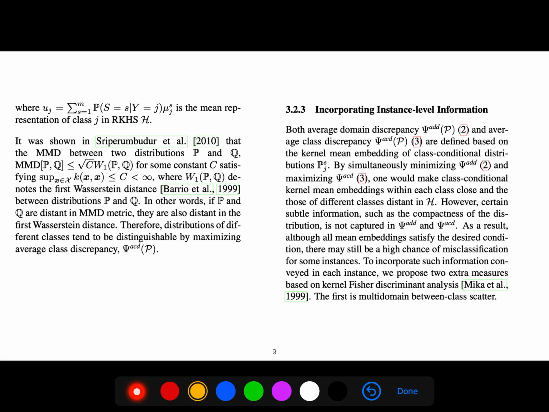Both average domain discrepancy and average class discrepancy are defined based on the kernel mean embedding of class conditional distributions.